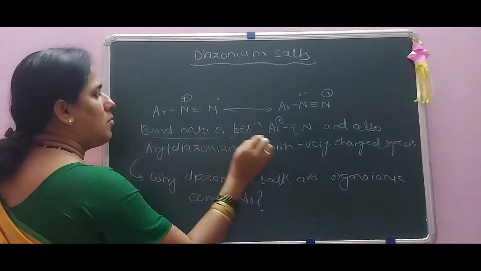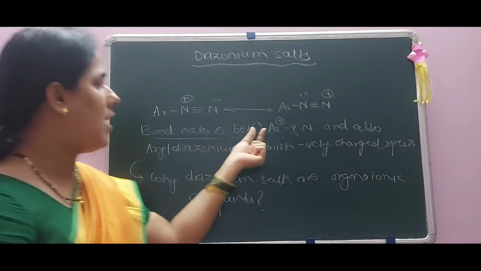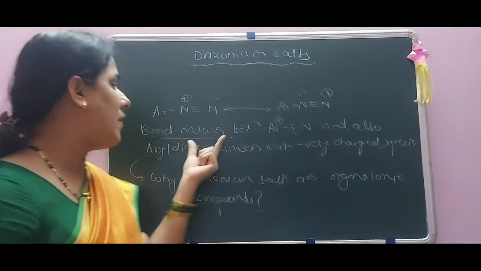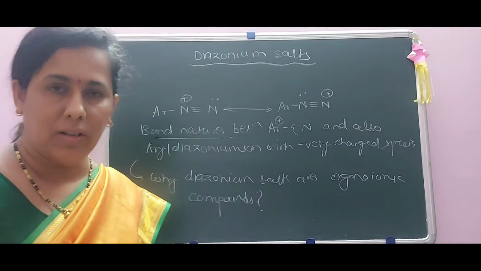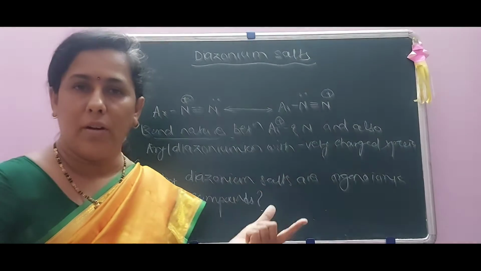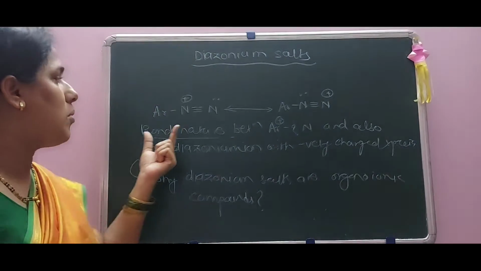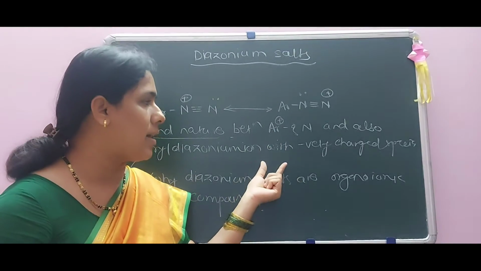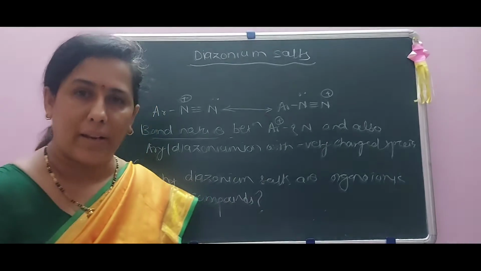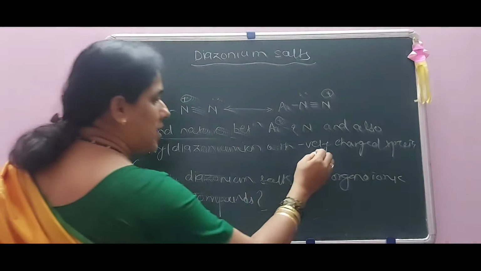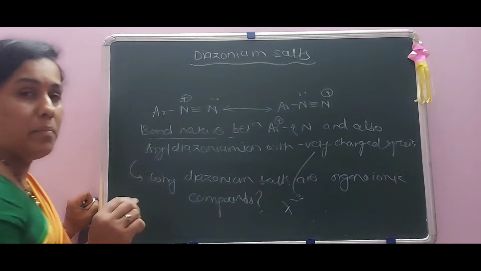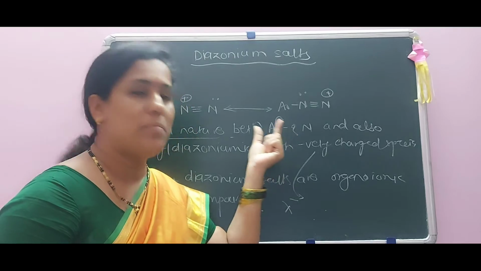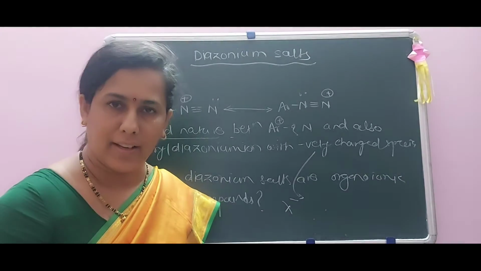Because of the bond nature between the aromatic nucleus, the positively charged carbocation, and the nitrogen, which is covalently bonded. The positively charged aryl carbocation is bonded with nitrogen covalently, while the negatively charged species X may be attached to this aryl diazonium salt with an ionic linkage.